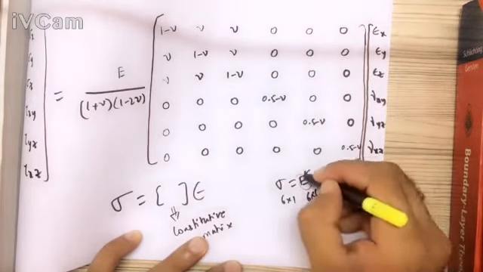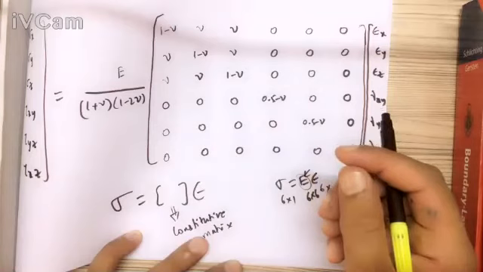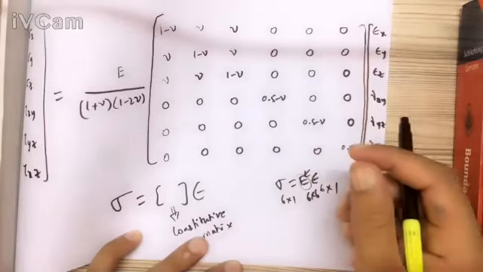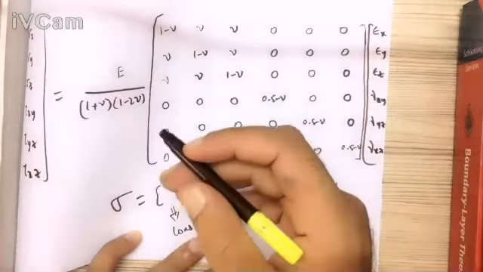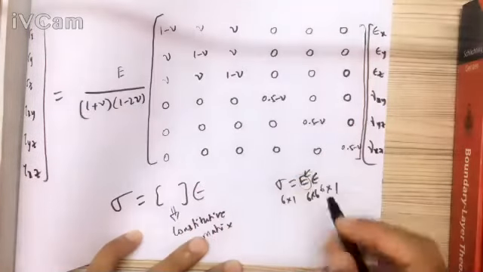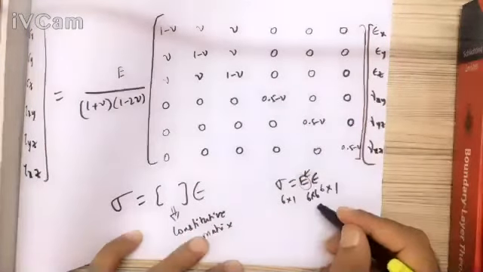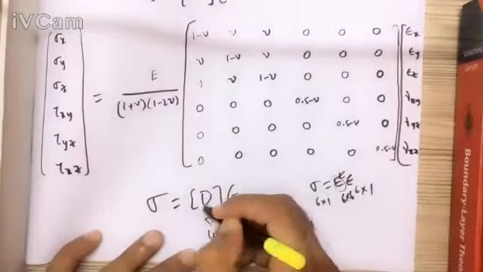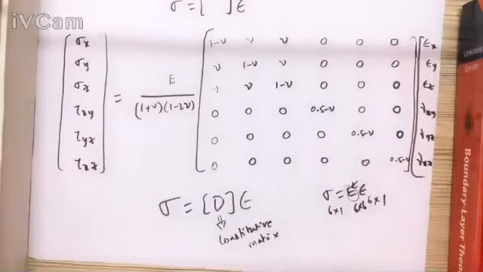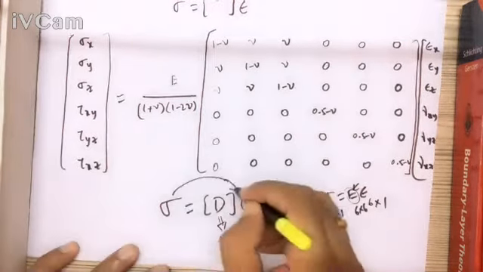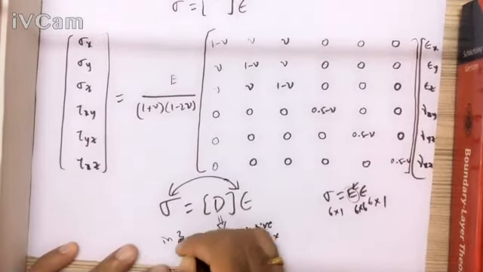So it can no longer be a simple value, it should be a matrix. Just like in 2D we get it as 3 by 3, but here because it is 3D, we get it as 6 by 6, and we call it the D matrix. So this is the stress strain relation in 3 dimensions.